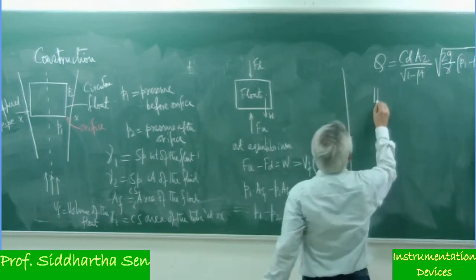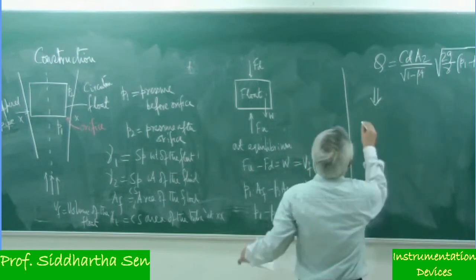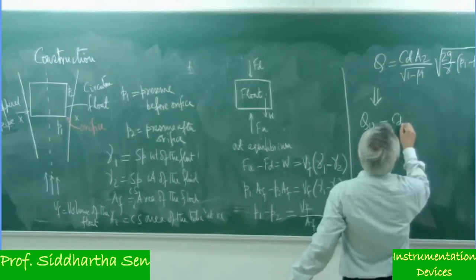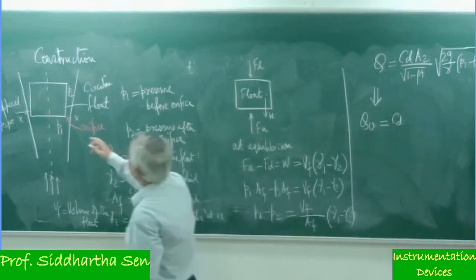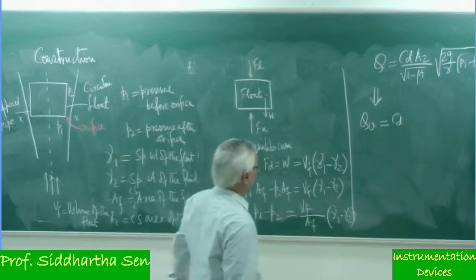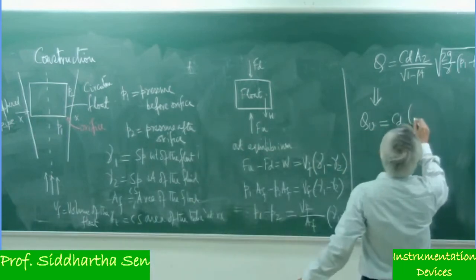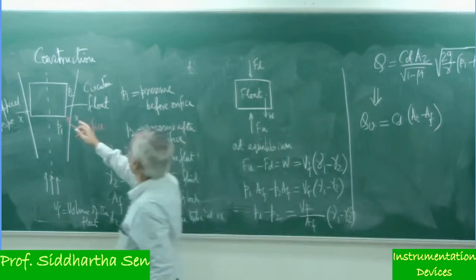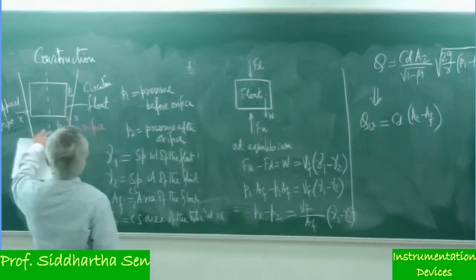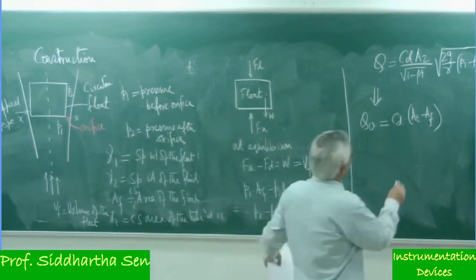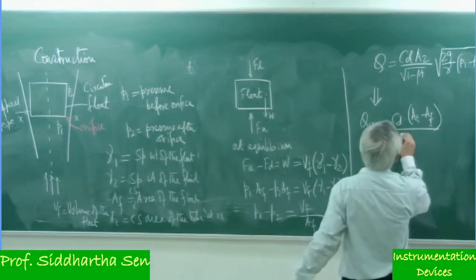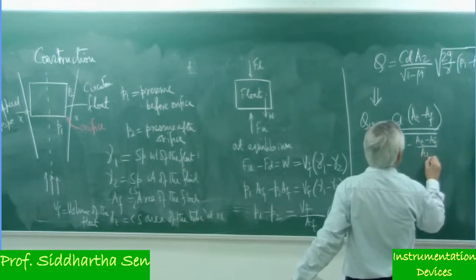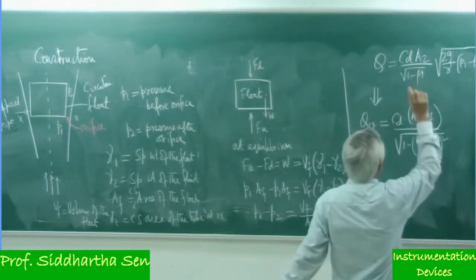From that expression I can easily write the volumetric flow rate QV as CD into A2, where A2 is nothing but AT minus AF, because this is the flow area, the opening there, divided by root over 1 minus the square of AT minus AF divided by AT, because it came from the area.